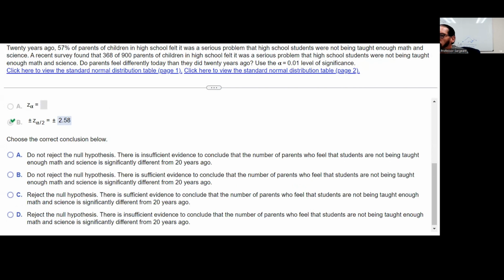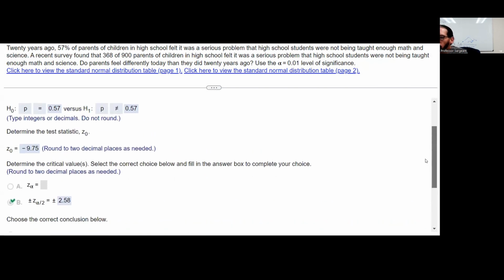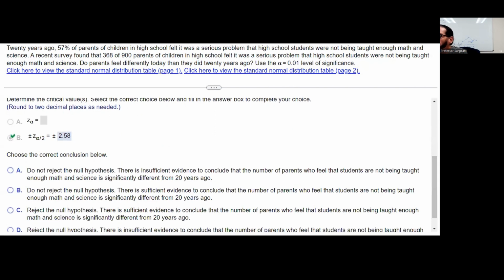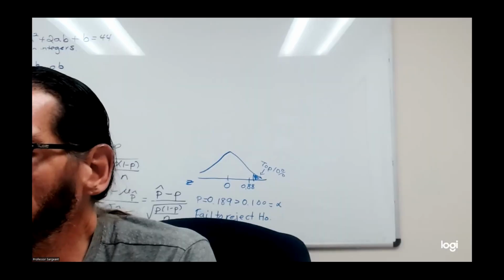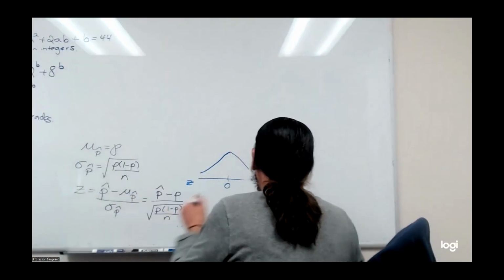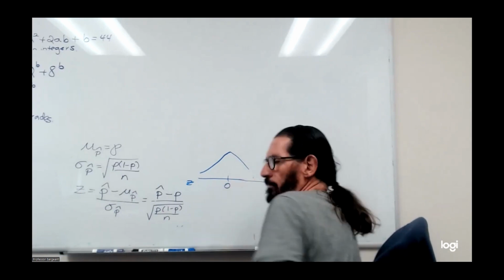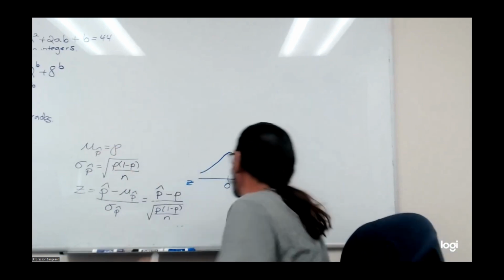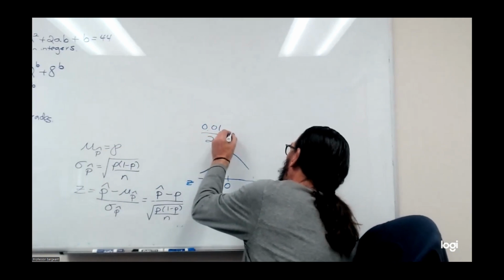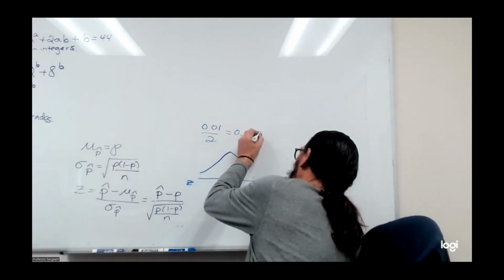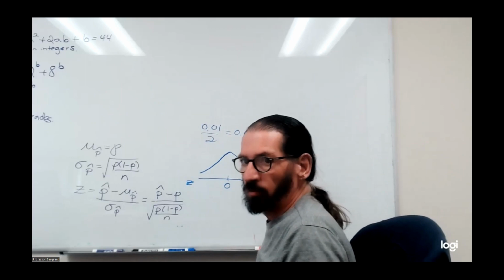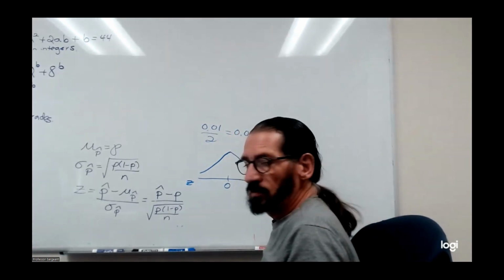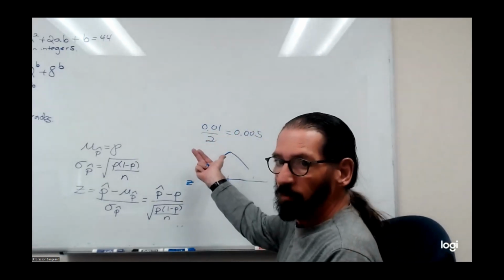So let's take a look at the board again. We calculated a test statistic of negative 9.75, and we're getting a critical z-value of 2.58. Alpha is being split across the two sides, 0.01. And so what we're asking is, do we have something extreme enough to put us in the bottom 0.005?